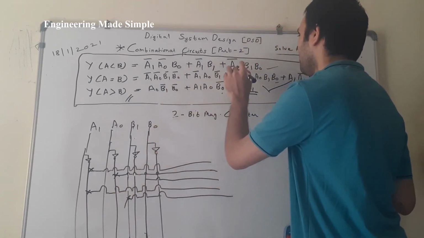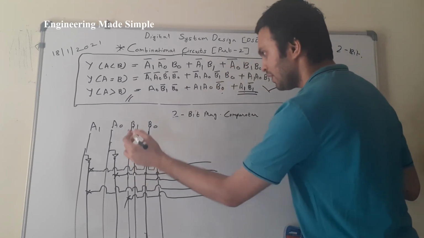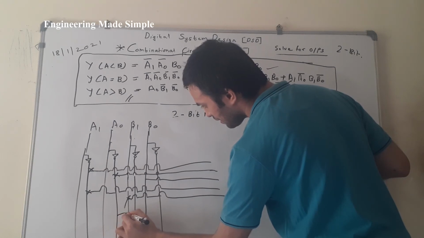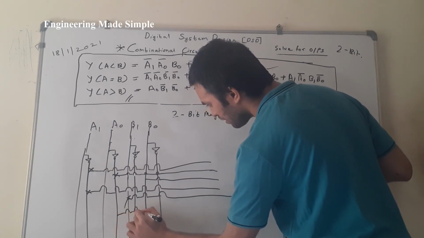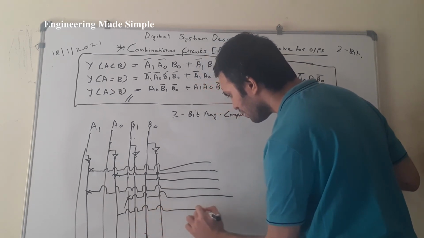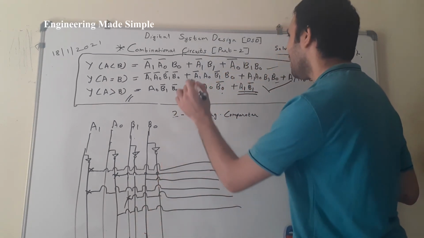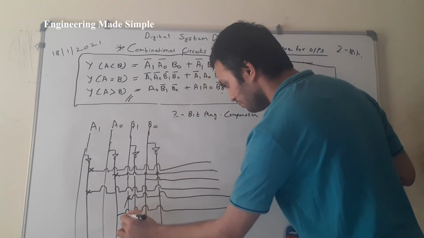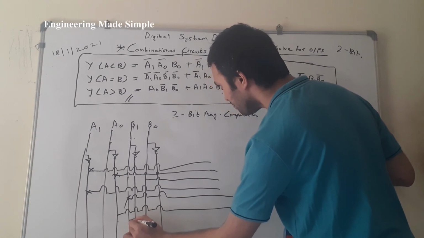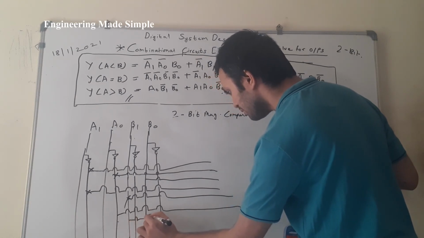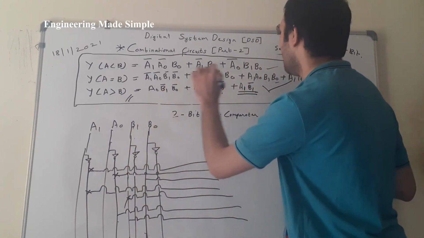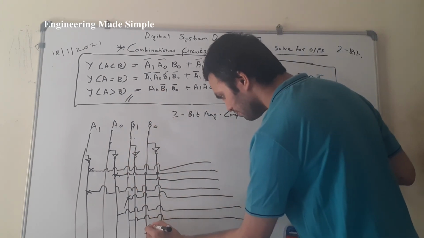Then the third term, A0 bar, B1, B0. A0 bar, which is the line for A0 bar, this one. Now B1, which is the line for B1, this particular one. And next line will be for B0.